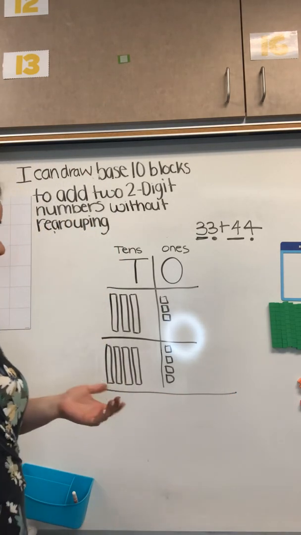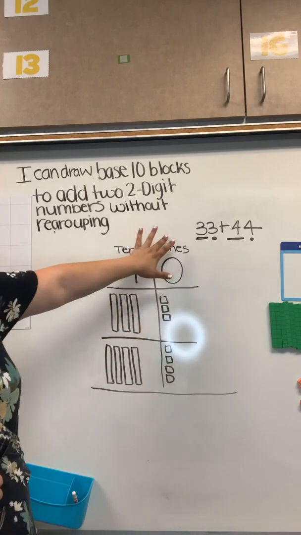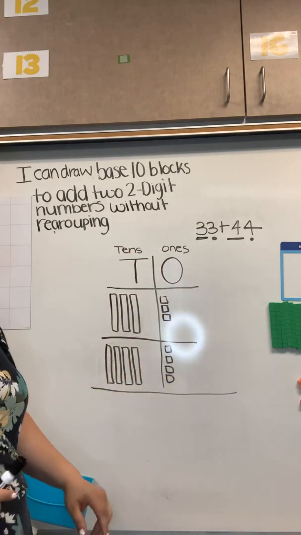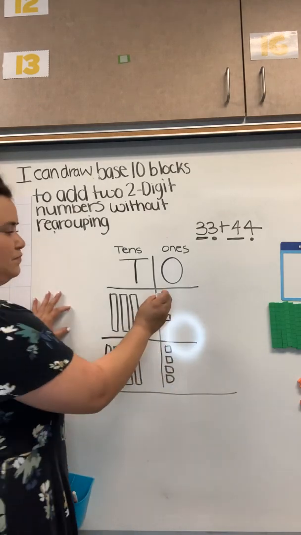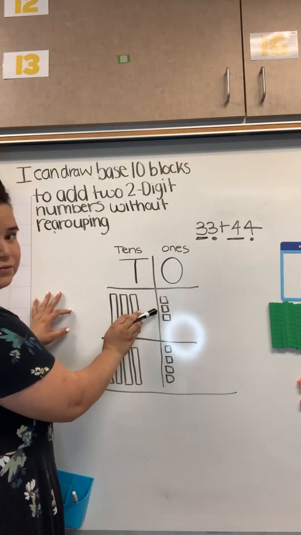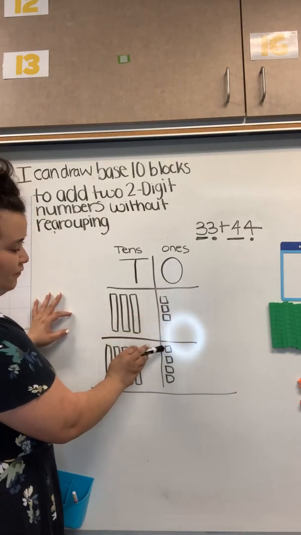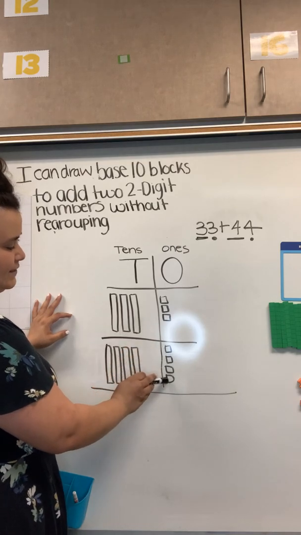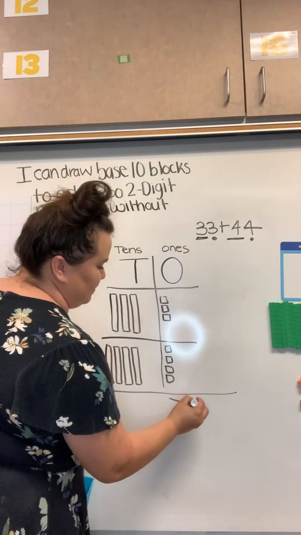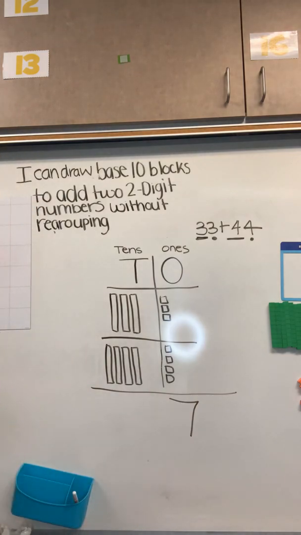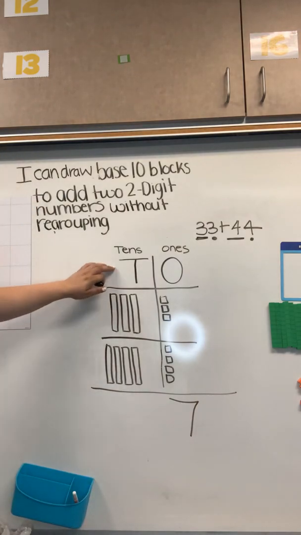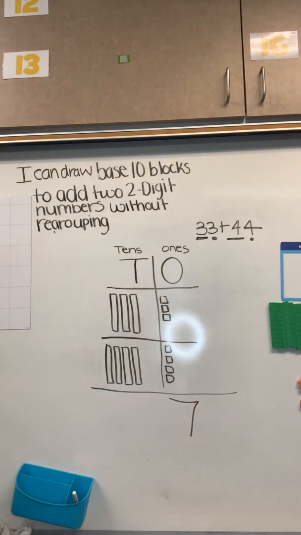Now, all that's left to do is add everything together. So we're gonna add our ones side first. So let's count 1, 2, 3, 4, 5, 6, 7. So we're gonna put 7 at the bottom. Now, how many tens do we have?